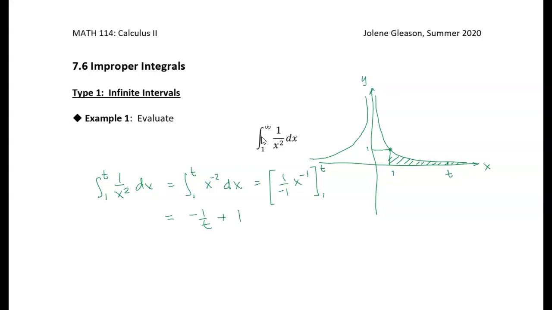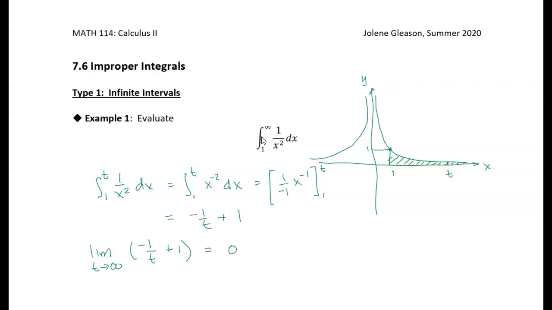So now we've evaluated a definite integral, but to some arbitrary point t. And then the trick is to see what happens as t goes to infinity. So I'm going to take the limit as t goes to infinity of the result of this definite integral evaluated out to t. And of course this negative 1 over t goes to 0.